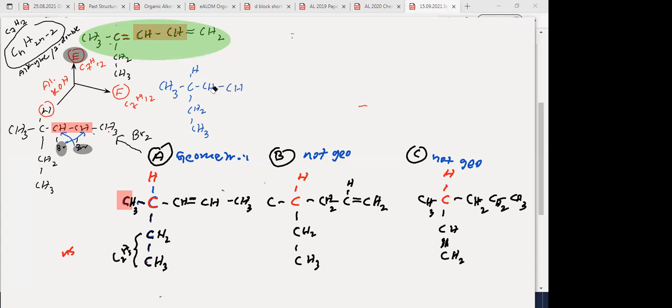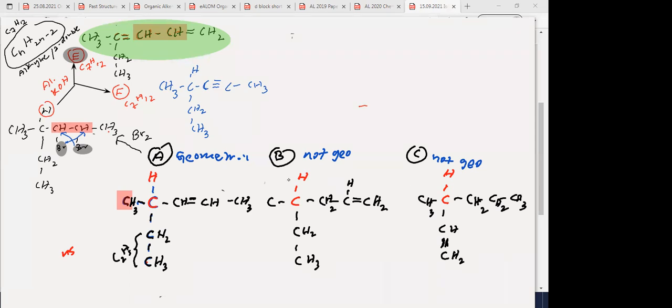What happened? This hydrogen is also going out, both hydrogens going out, leaving just carbon. Then the single bond becomes a triple bond. So two HBr go out from these two carbons, then you get a triple bond, and here you get CH3. Now this is also C7H12.